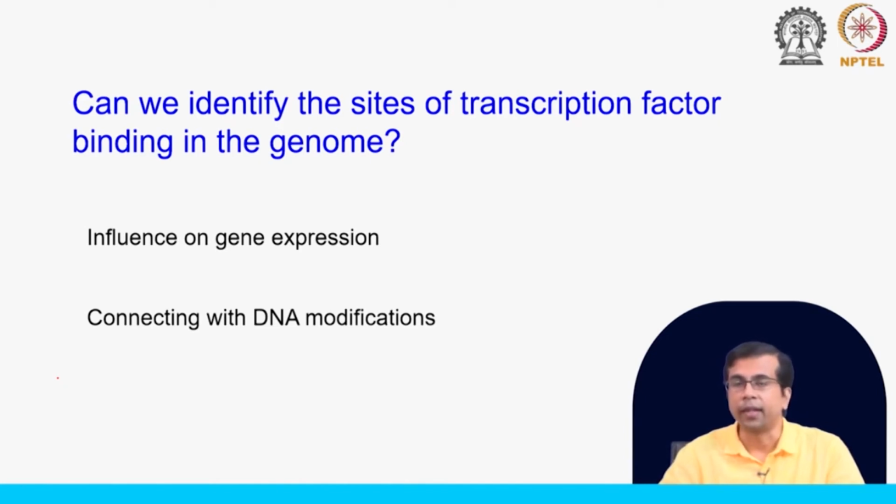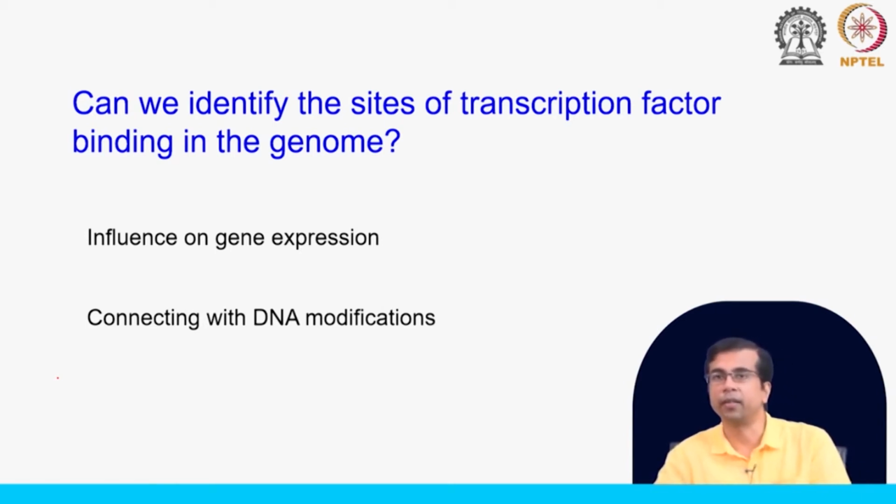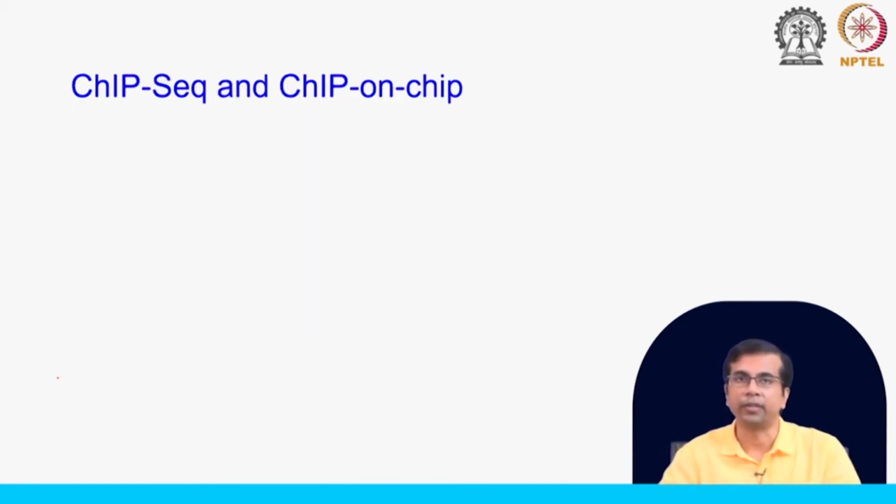As I said, this will influence gene expression, and of course, we can also connect this information with the DNA methylation studies. We can then say, this kind of methylation pattern blocks these transcription factors, or this kind of methylation pattern attracts these transcription factors. This is something that will be more informative in association with the DNA modifications.